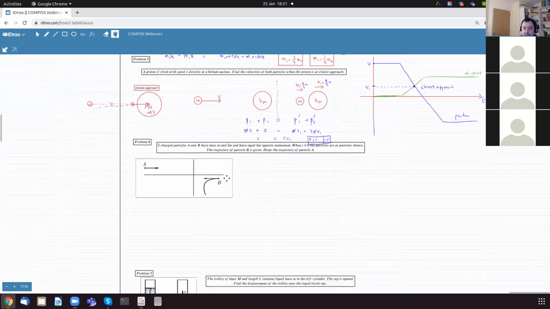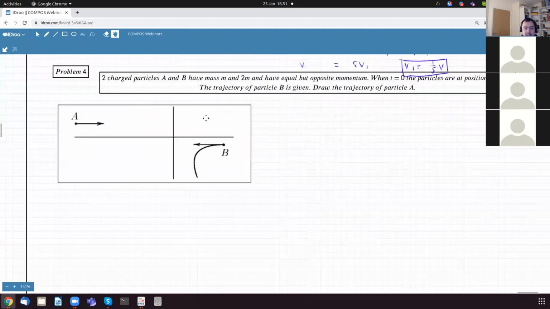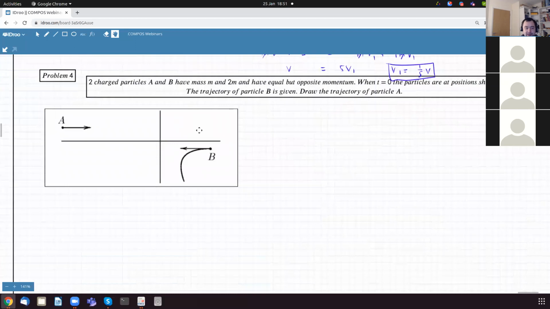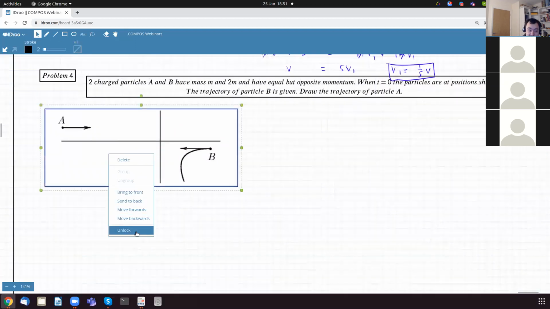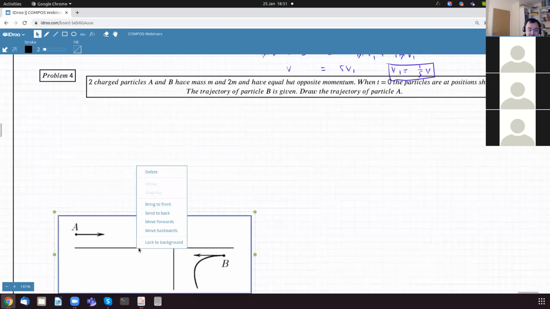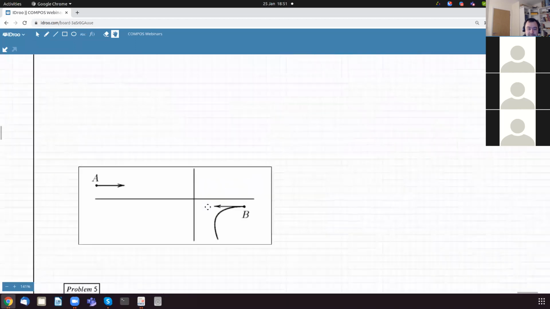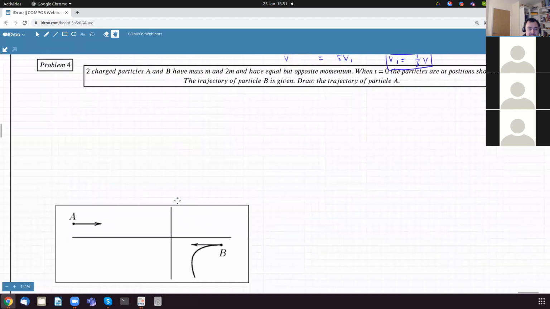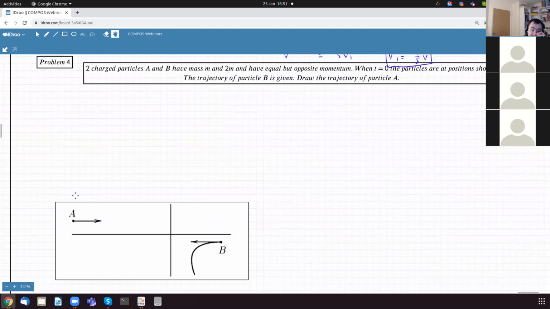The next question is, I would say, a very unorthodox question. Nothing like that in the assignment, but I thought that it would be very useful to go through that. So you have 2 charged particles, A and B, with masses 2m and m, respectively. So this has a mass of m, this has a mass of 2m.